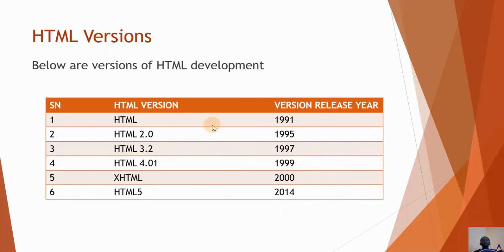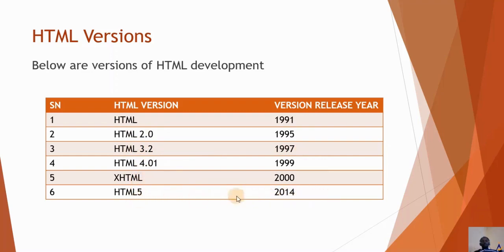In 1991, developers released the standard HTML, or HTML naive as others call it, but they found that it had some bugs to fix, and in 1995 they released another language, HTML 2.0. In 1997 they released HTML 3.2, etc., up to the current version.